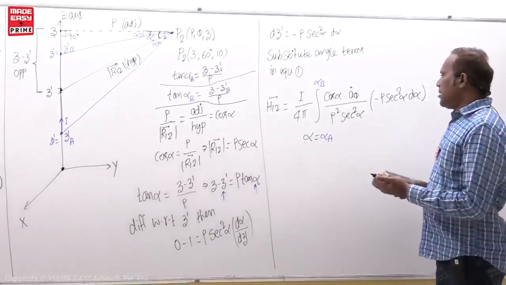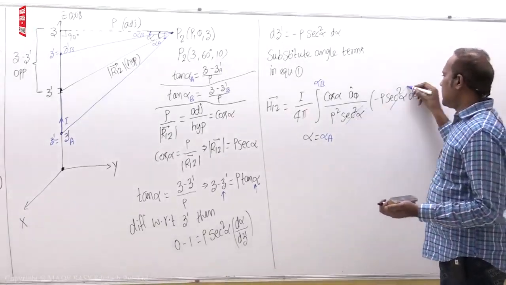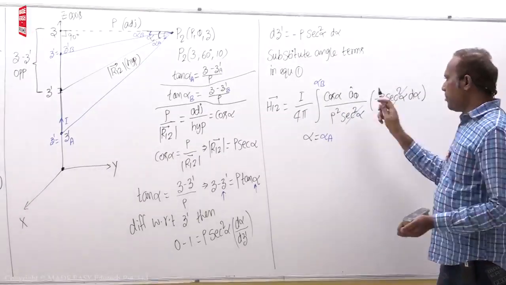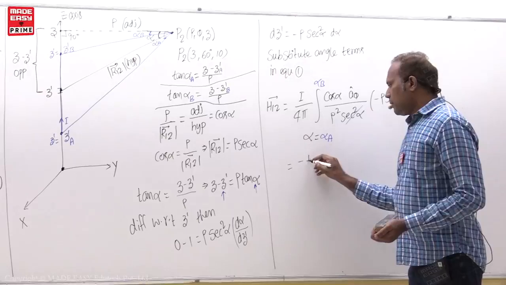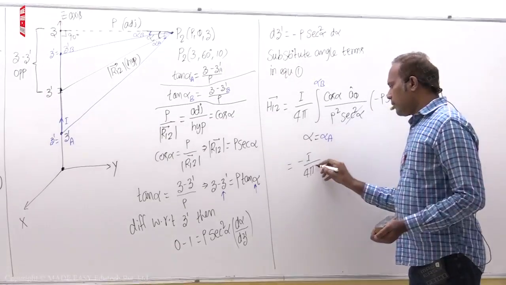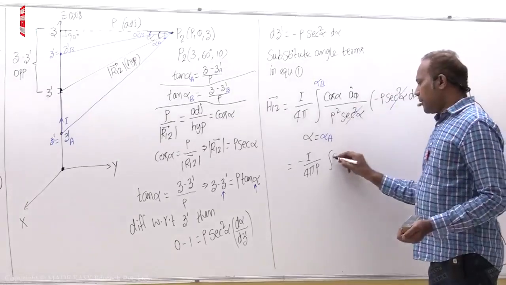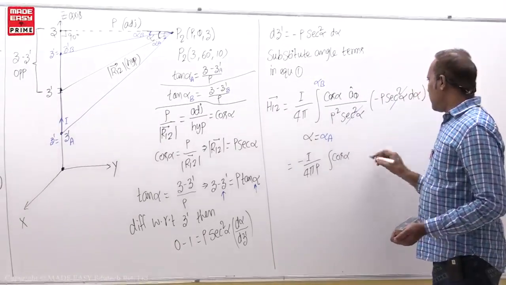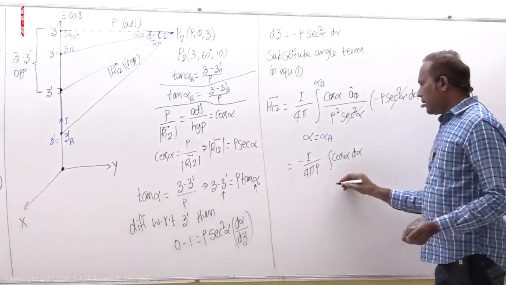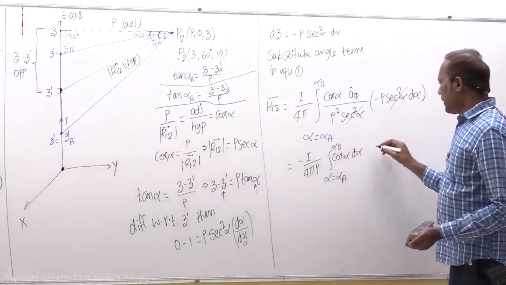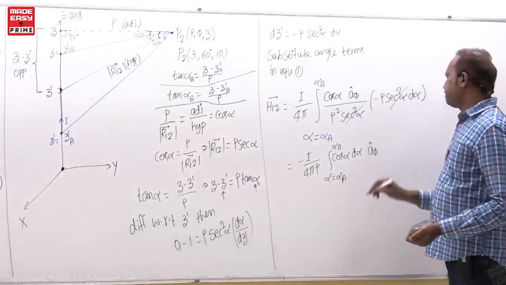So now secant square cancels, rho also cancels, one rho remains in the denominator, and minus comes outside. So minus I divided by 4 pi rho, integral of cos alpha d alpha, with alpha varying from alpha a to alpha b, and a phi cap is remaining here.